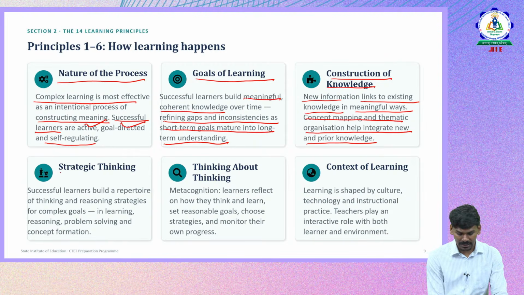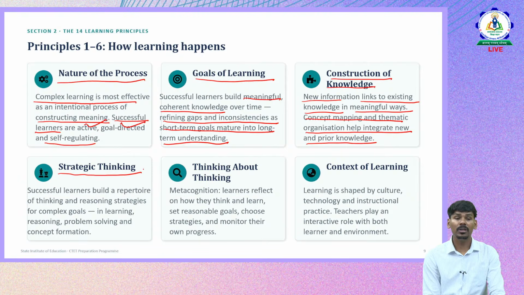Then strategic thinking. Successful learners build a repertoire of thinking and reasoning strategies for complex goals. So in learning, reasoning, problem solving and concept formation, strategic thinking should be promoted.